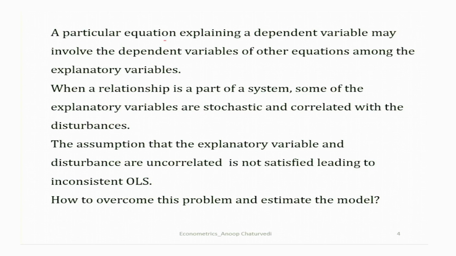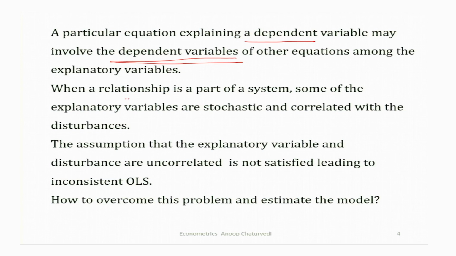Now, suppose you consider a particular equation which is explaining a particular dependent variable. Then this particular equation may involve the dependent variables of other equations among the explanatory variables. So, a particular dependent variable may work as an explanatory variable in a particular equation to explain another dependent variable. On the other hand, in some other equation, this dependent variable is determined by another set of explanatory variables which may involve some other dependent variables.